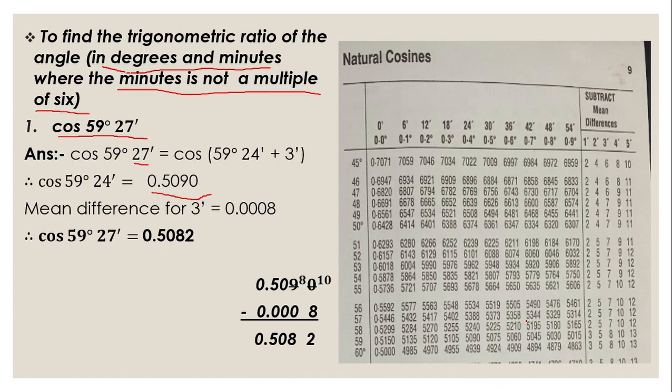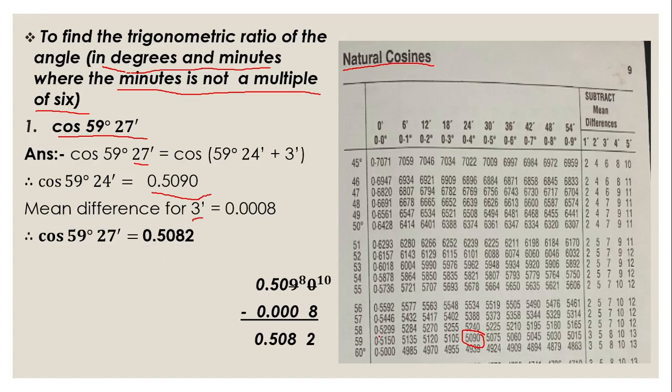Next, we have to find the mean difference for 3 minute. The mean difference for 3 minutes we have to find using the class table. First, you have to go to the natural cosines page and find 59 degree.